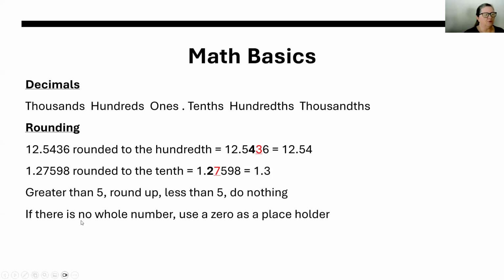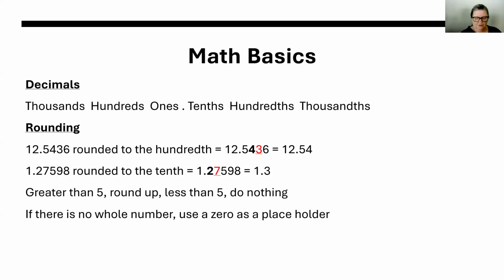Okay, then when we go to rounding, we do have to round oftentimes when we do dosage calculations because let's face it, not everything comes out exact or even. This is no truer than when we have to do calculations for pediatric patients, because oftentimes we calculate dosage for children by weight, and that is definitely never even.